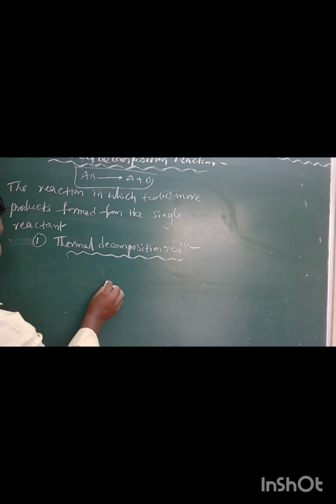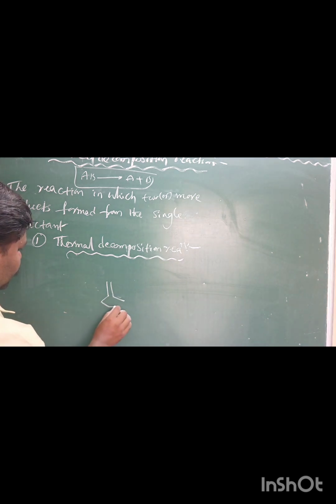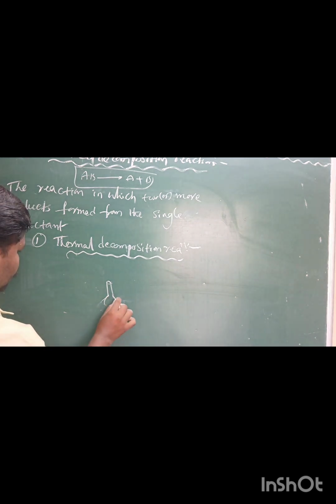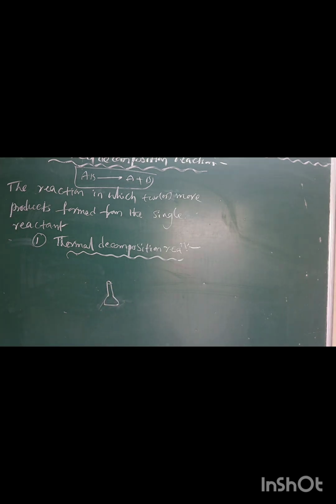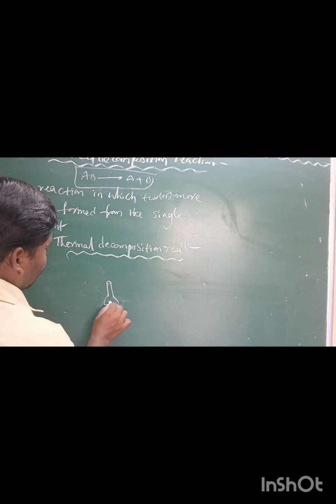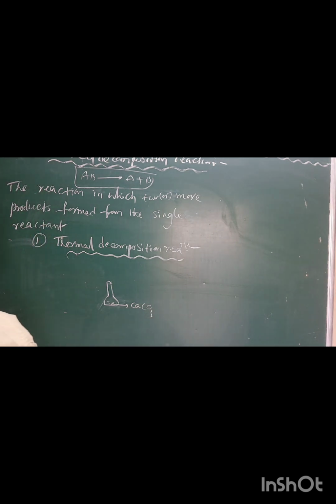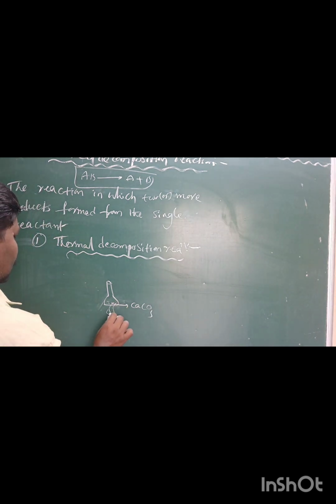Okay, now I am taking here a small experiment. This is a conical flask. Take a small amount of CaCO3, then heat it strongly with the help of a burner.